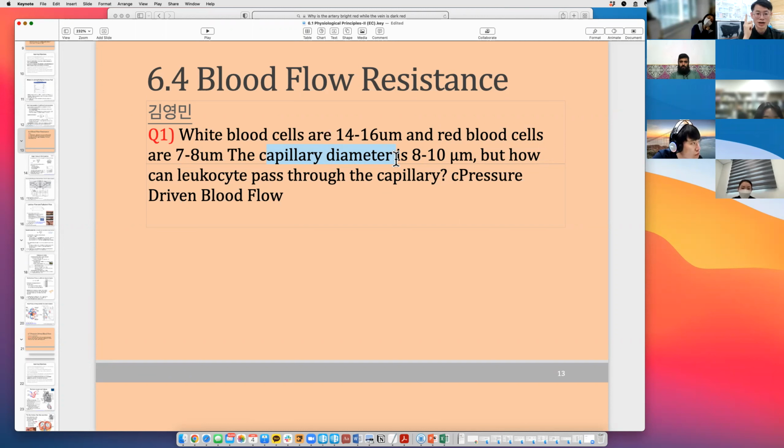The other thing I want to point out is that in mouse, capillary diameter is in fact not 8 to 10, it's about 4 to 5 micron. But mouse red blood cells are actually bigger than this, still about 7 micron. So think of even capillaries: how can RBCs crawl through this capillary? It's a very interesting and very important phenomenon.